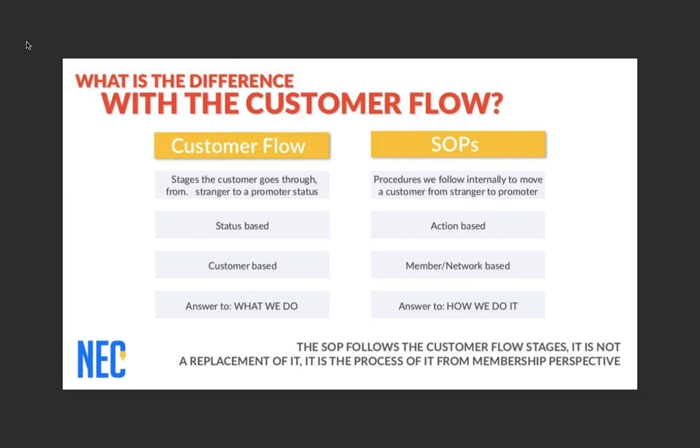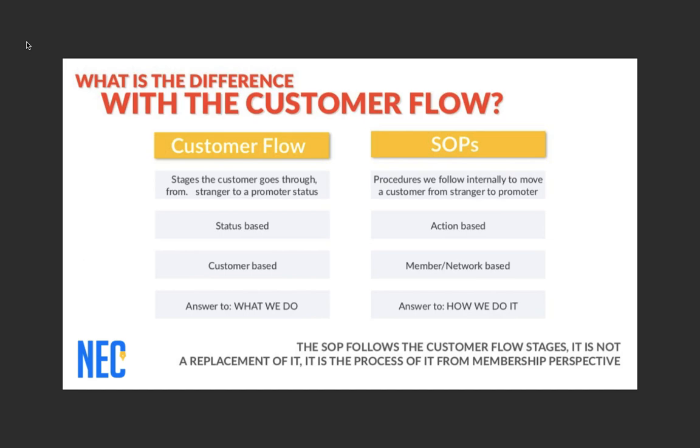For customer flow, it's customer based. So basically it's for the customer to understand what journey he is going to go through. Customer flow answers what we do as a product, the phases that every customer goes through.